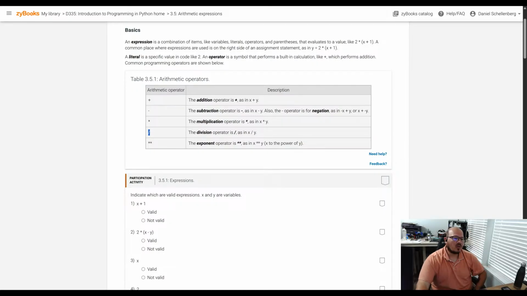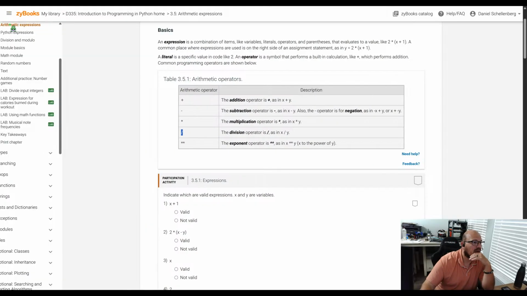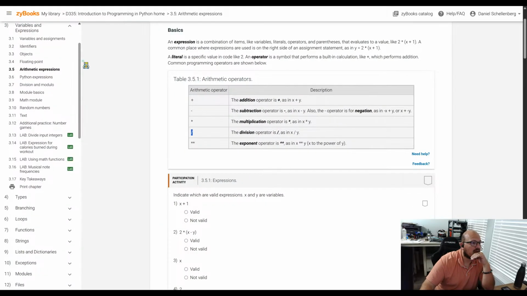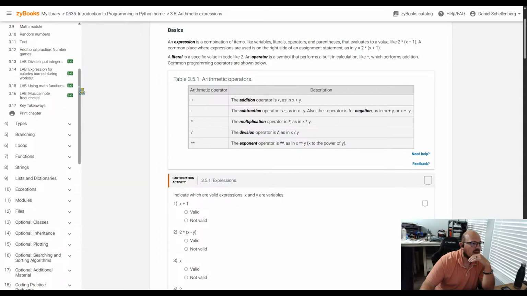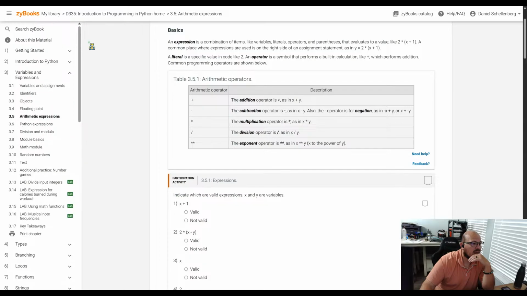I will learn it later. Basically, it keeps digits to the left, and then the modulo, the percentage sign, will keep the digits to the right. I'm pretty sure we'll learn that later. I think phone number breakdown is a test on it, and we might learn it here somewhere.